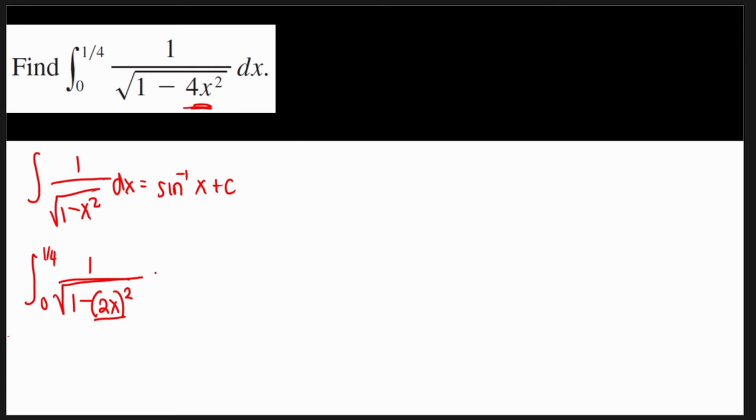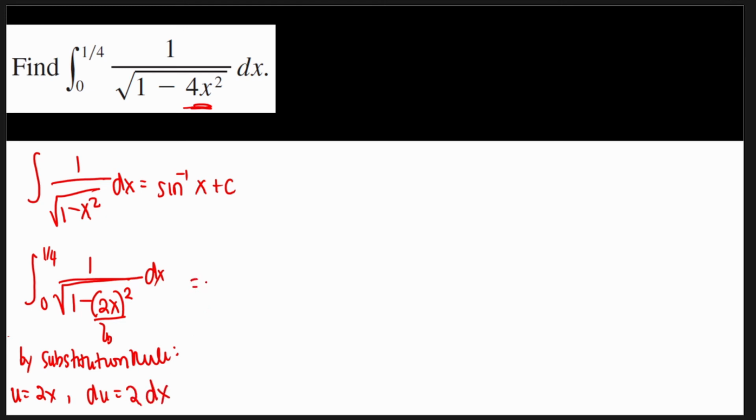And so this particular value should be replaced with a variable u through a substitution rule. By the substitution rule, we know that u here is 2x and du here is 2dx.